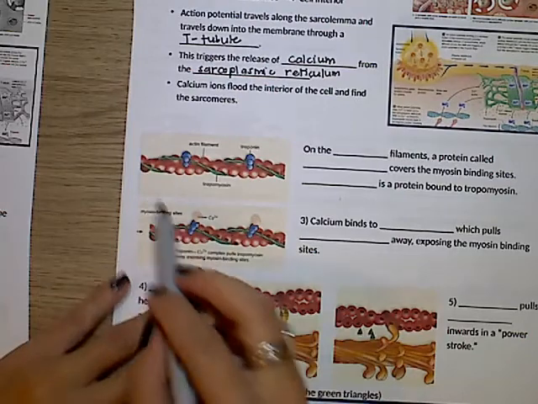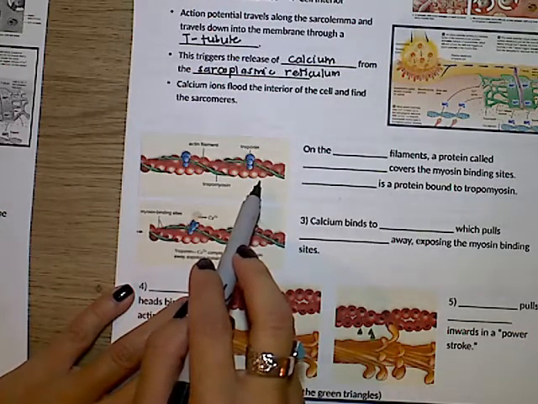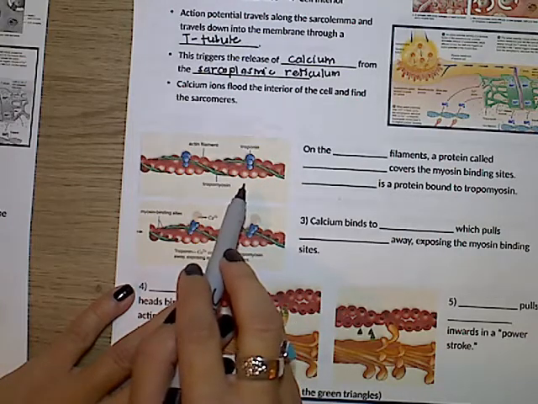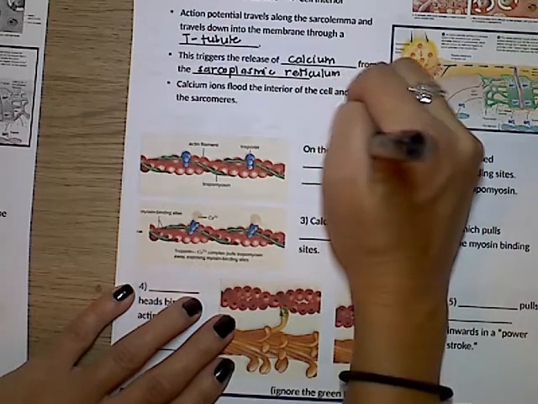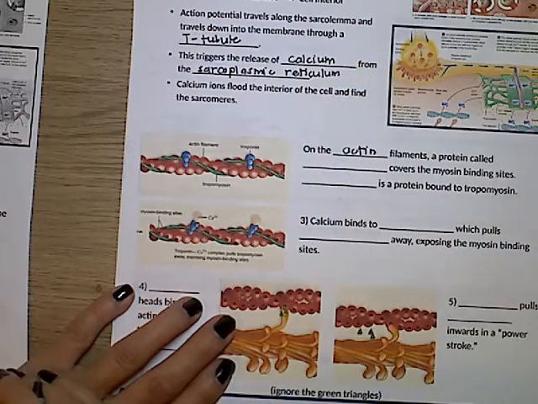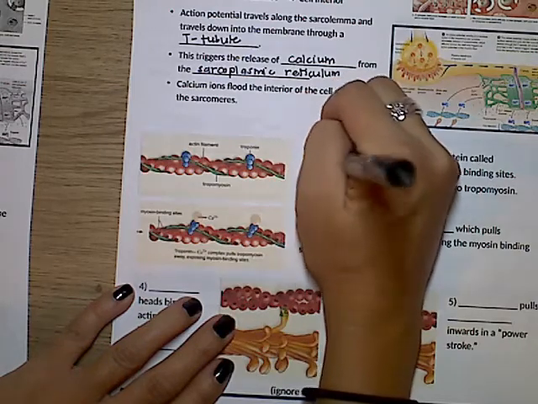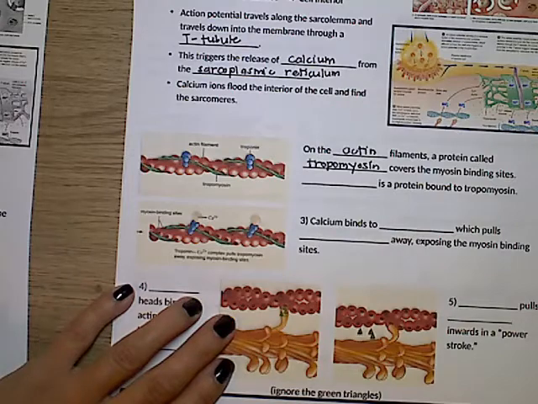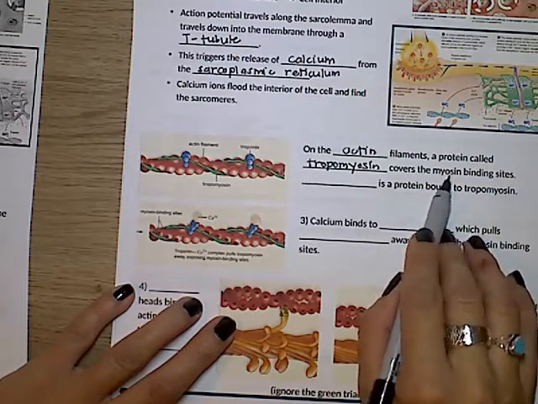All right, so we're looking at actin right here, the thin filament. And on those actin filaments is a protein called tropomyosin. That covers the myosin, which is the thick filament's binding sites.